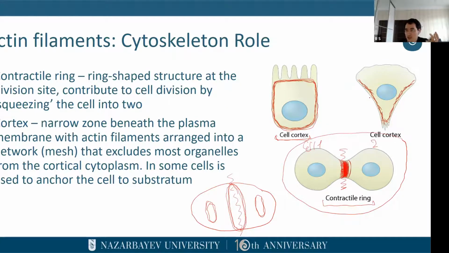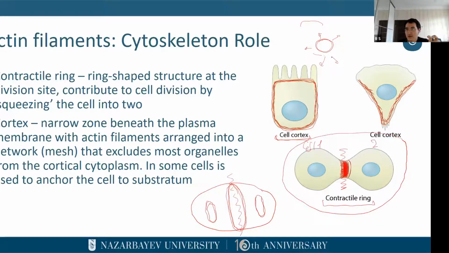If we don't have this cortex, the cell would just extend in all directions, because if you think about a drop, if you have a drop of one size and nothing keeps it in place, it starts moving in all directions.